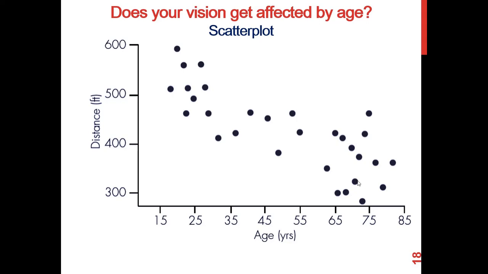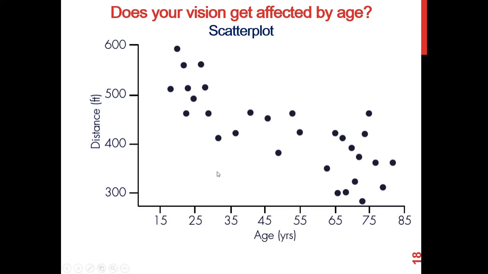So we normally feel that a person's eyesight tends to worsen as they age, as they become older, correct? So some people carried out an experiment to examine this hypothesis. The experiment that they did was they gave some eye tests. So they basically checked how far a person can see, up to what distance a person can see.